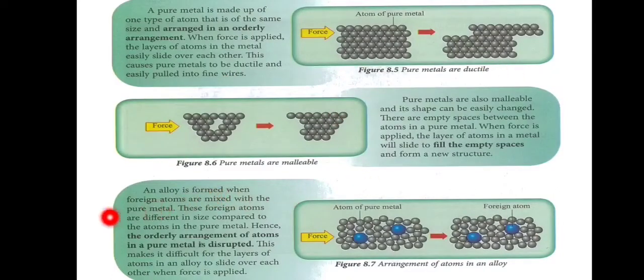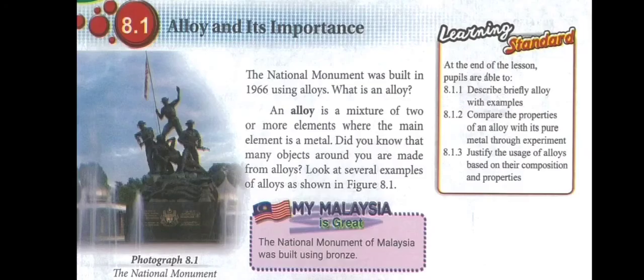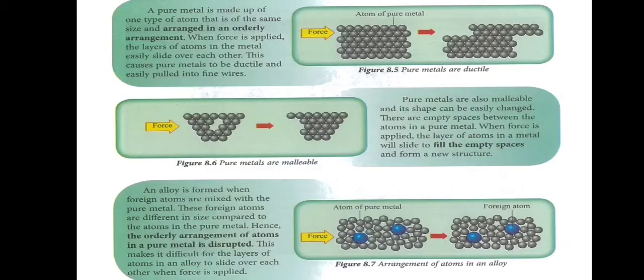And the alloy is formed when foreign atoms are mixed with the pure metal. So daripada definition tadi, what is alloy? Alloy is a mixture of two or more elements. So here, when the pure metal is mixed with foreign atoms, these foreign atoms are different in size compared to the atoms in the pure metal. So the orderly arrangement of the atoms in the pure metal is disrupted.